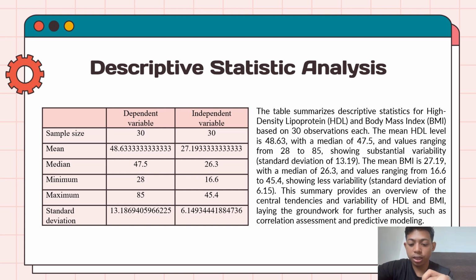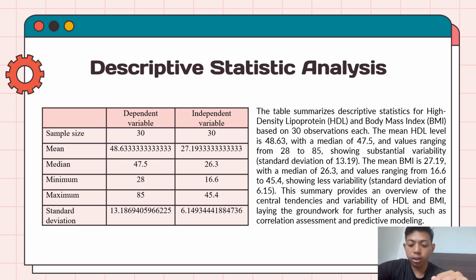Then for the HDL, 27.193. The mean is the sum of all the data, divided by the sample size, which is 30 data.